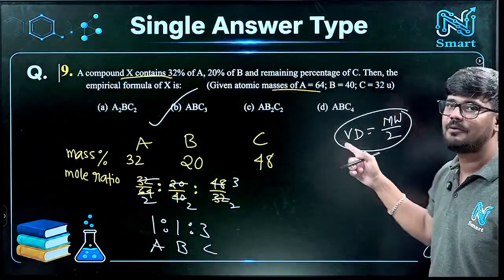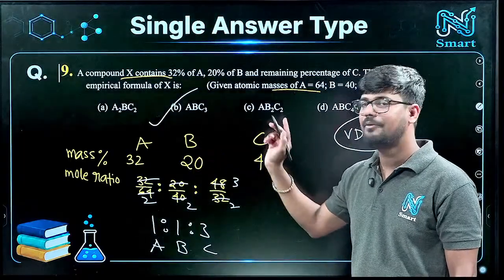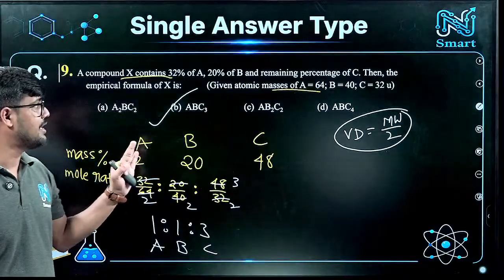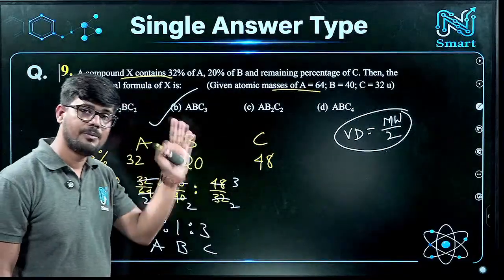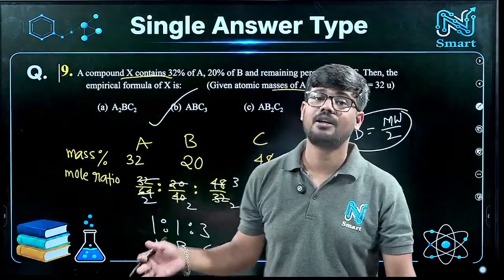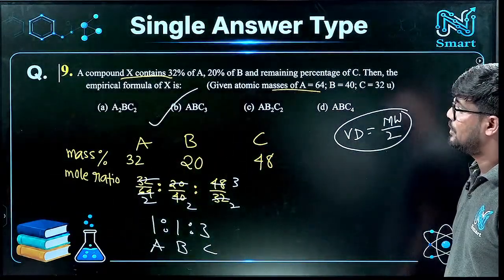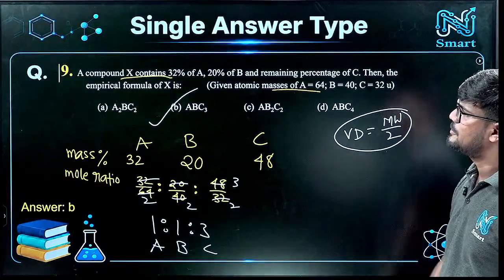So using that you will calculate the n factor and you will find out the final molecular formula. So this is a very, very standard question. From mass percentage you are getting the empirical formula. Okay. Chalo, next one. So your answer is B.